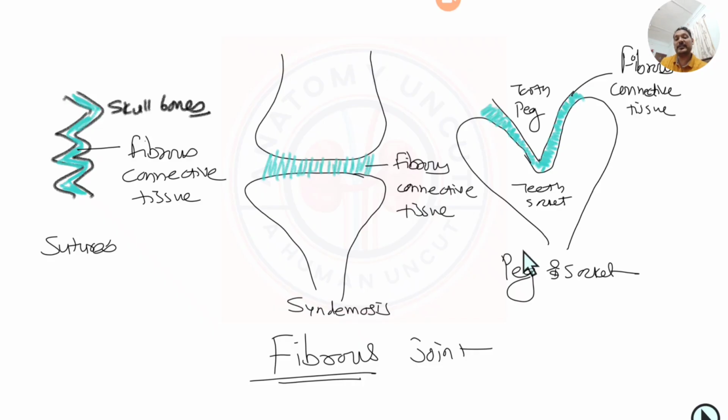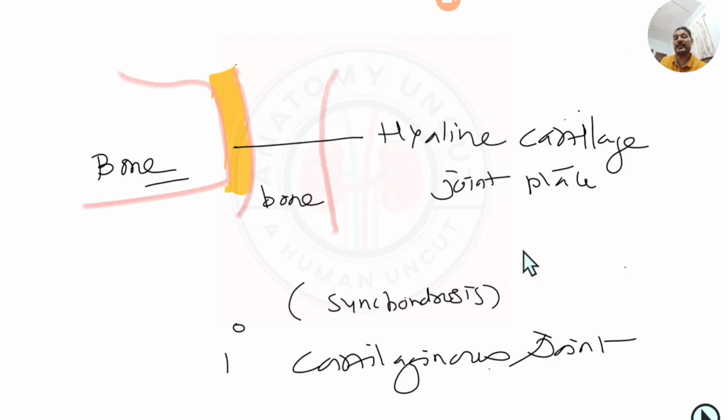If this material is replaced by a plate of cartilage between the two ends of the bone, then which cartilage it is divides these joints into primary and secondary. In the primary, you have a hyaline cartilage forming the joint.